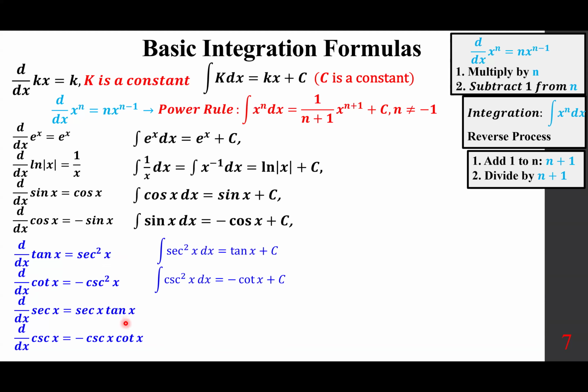Secant gives you secant x tan x. So the integral of the right side, secant x tan x dx, must be secant x and a constant. And this one is negative. So the integral of positive cosecant x cotangent x dx must make this one negative, minus cosecant x and a constant. Those are pretty obvious.